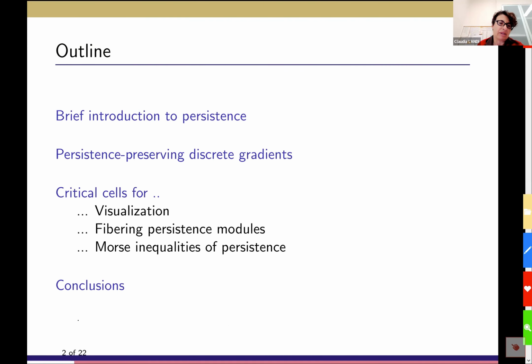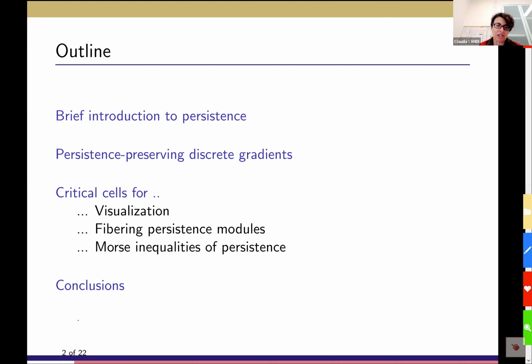So I'll give a brief introduction to persistence, not because this audience doesn't know about persistence, but just to explain why I think I'm looking at a different side of multi-parameter persistence than is more usual. And indeed, I want to consider persistence preserving discrete gradients.